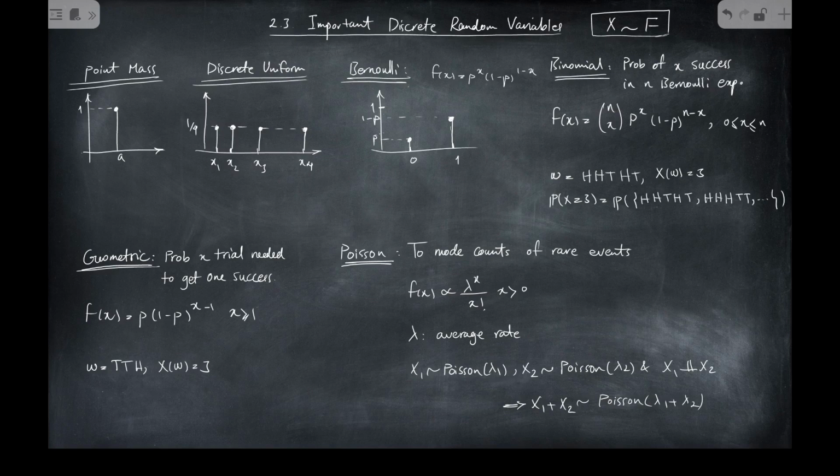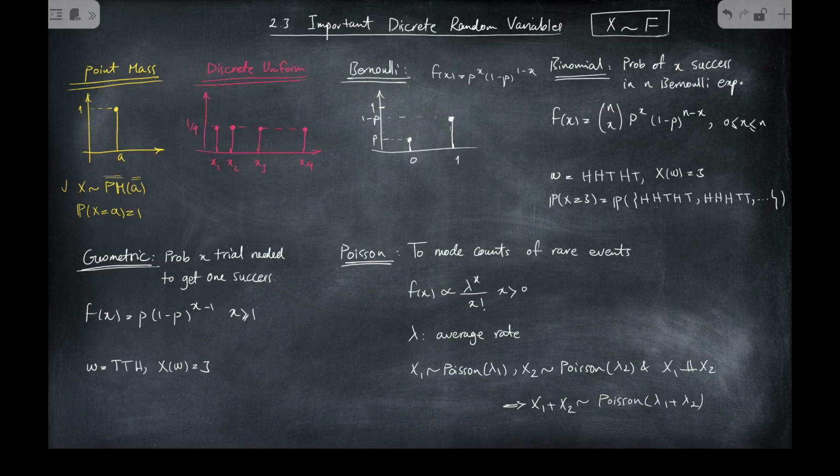Let's start with the simplest one, point mass. We write x has point mass distribution at A, and we mean that the only possible outcome of this random variable is A. This means basically that the probability of x equals A is 1 and 0 in every other place. This is the way that we write the probability distribution of random variables.